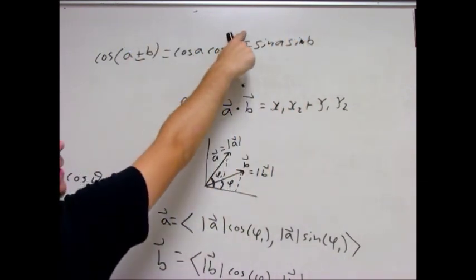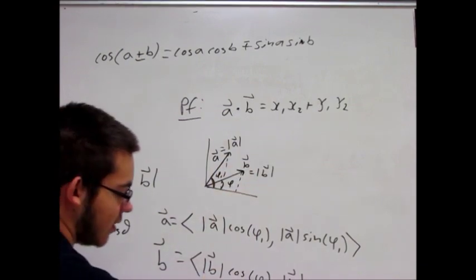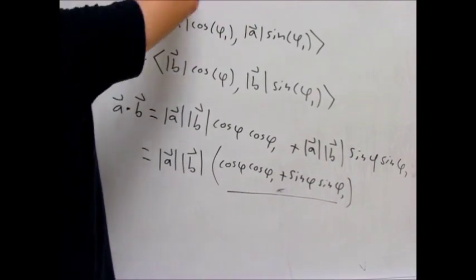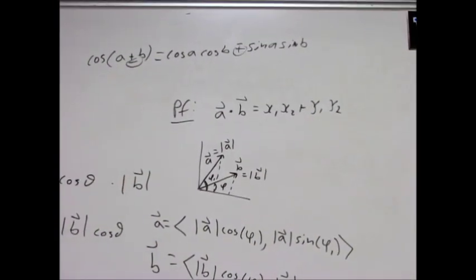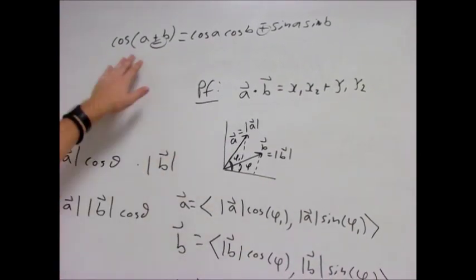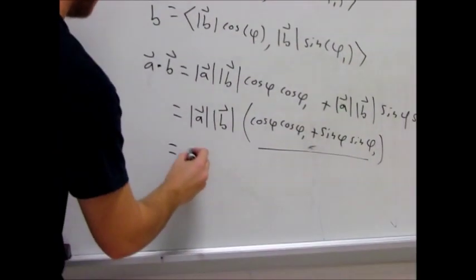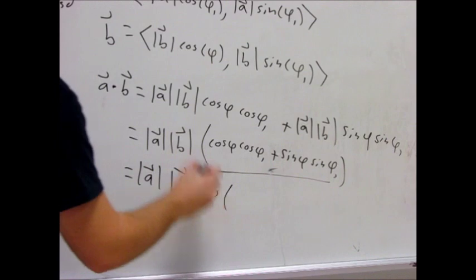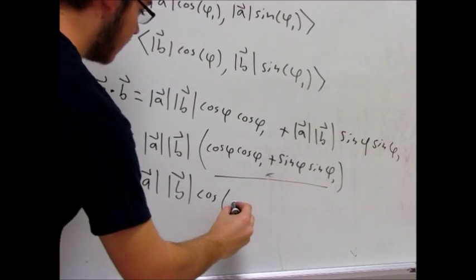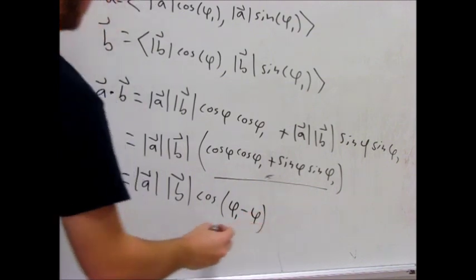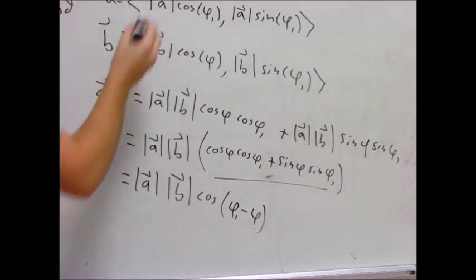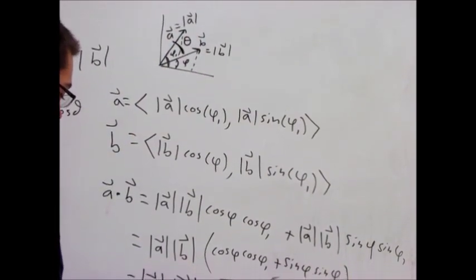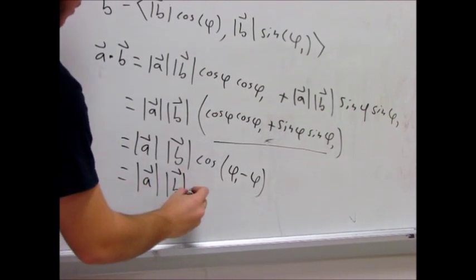So if it's plus, then it will be minus. If it's minus, then it will be plus. But since we have a plus over here, we're going to use the plus here, which corresponds to the minus sign here. And so this whole thing can be simplified into cosine of the difference of the angles, phi1 minus phi, and if you subtract the two angles, what's left in between is the angle between them, theta. So this is just the cosine theta.